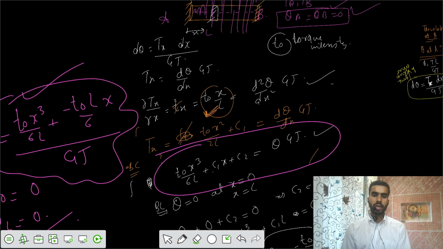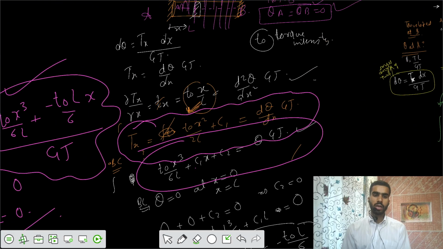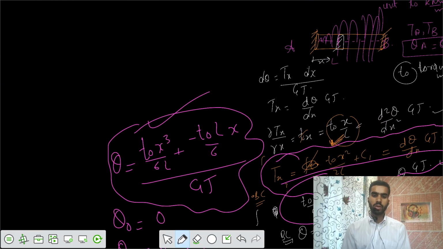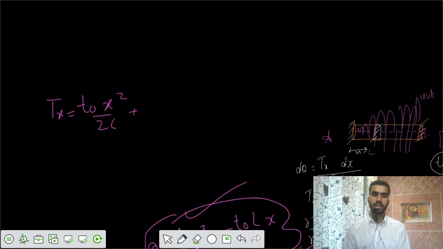And if I want to calculate the torque developed at any x, I have this equation. The torque at any x equals T0 x squared by 2L plus C1, and the value of C1 was minus T0 L by 6. So I got this equation.